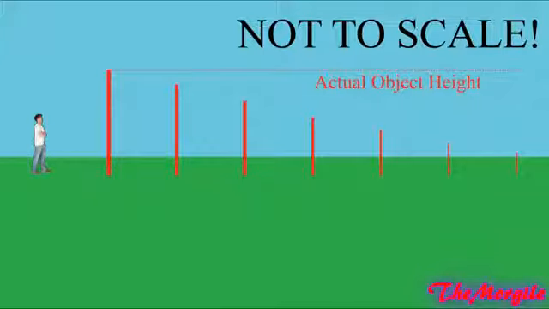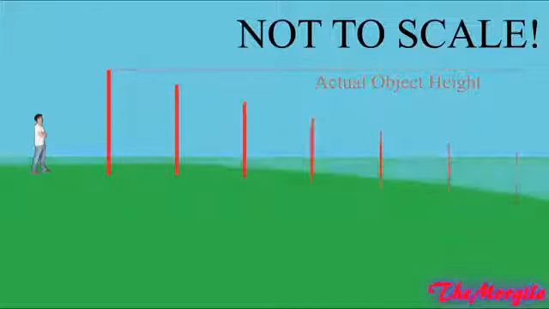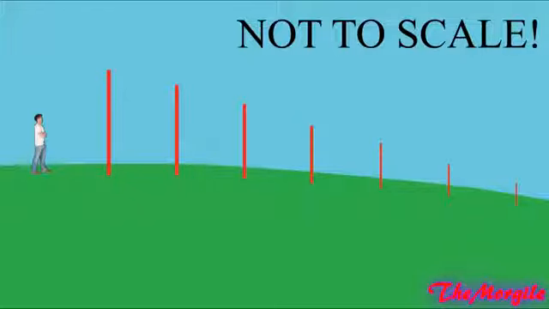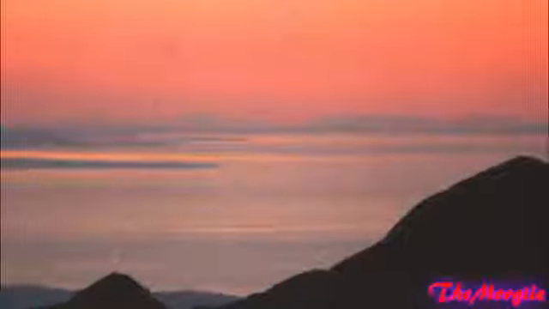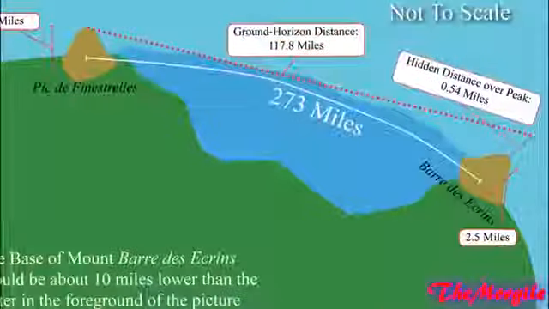And so to say that refraction is somehow going to magically make a mountain rise above the horizon line like 3 miles is ridiculous. Because again, the mountain itself in the distance is 2.55 miles tall, and the horizon, according to the curvature calculations, should obscure that mountain with an extra half mile to spare.